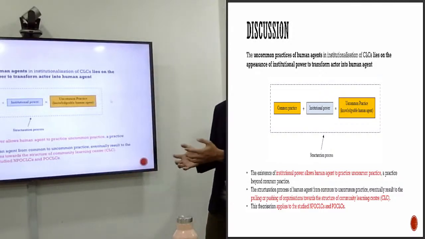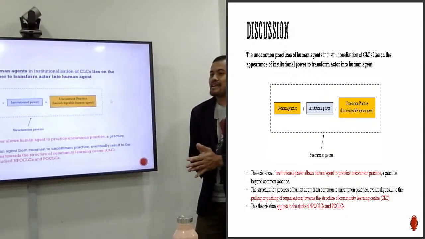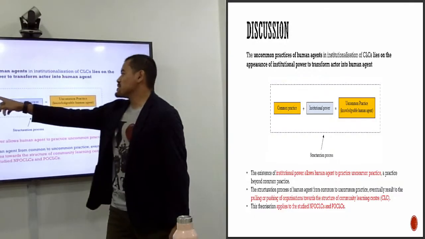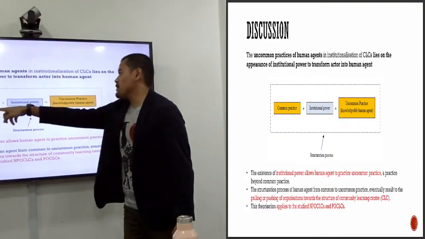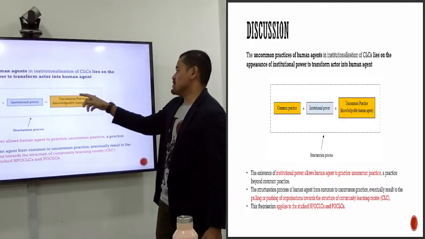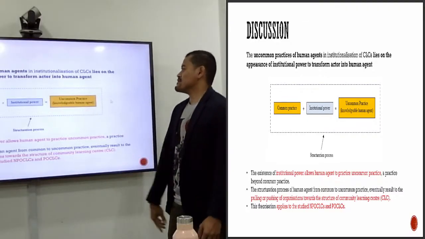That is actually not the practice of the Guru Bina. So that's why I say there is a common practice of the actor, and there is also an uncommon practice of the actor.